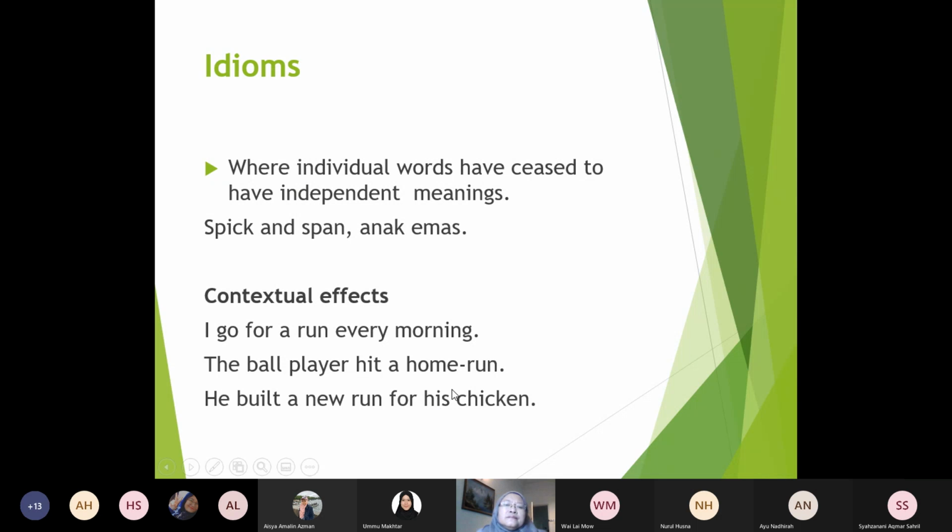So home run is a win. Once the person hits the home base, he scores a point. So home run. It has a different meaning. He built a new run for his chicken. So we notice that this one has a different meaning.